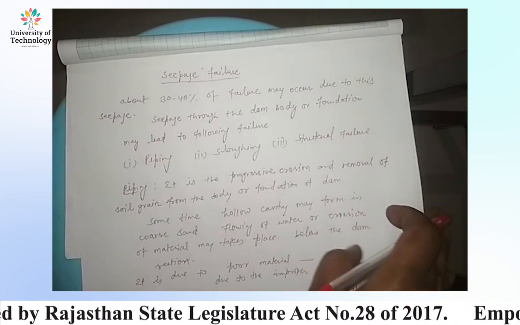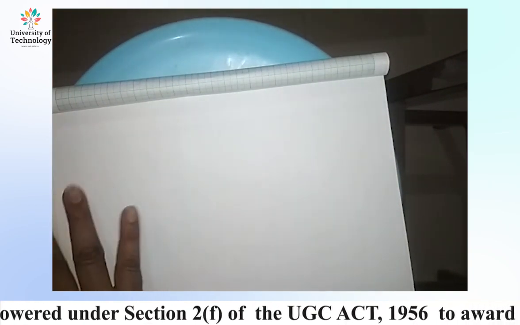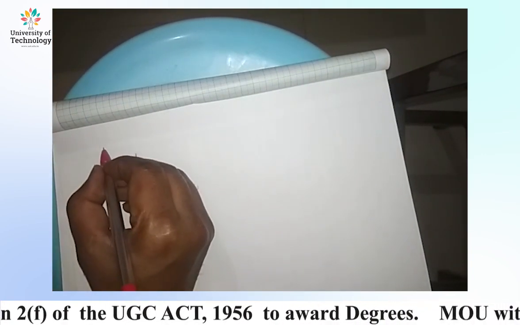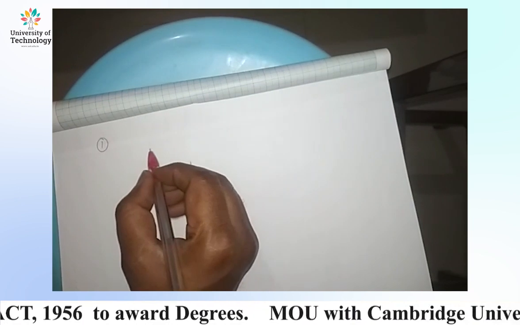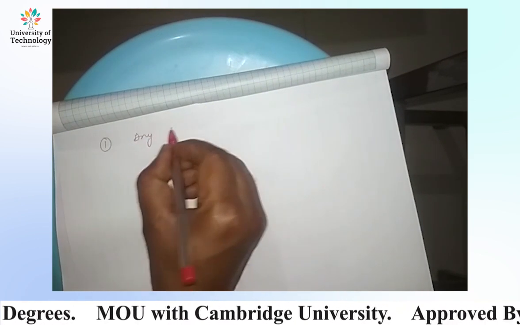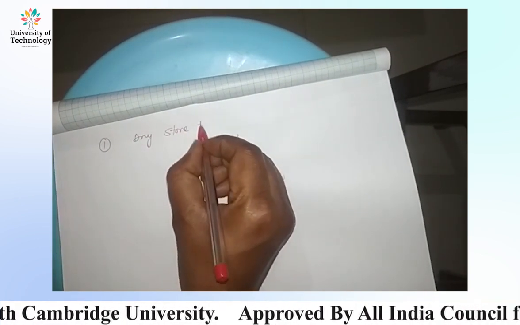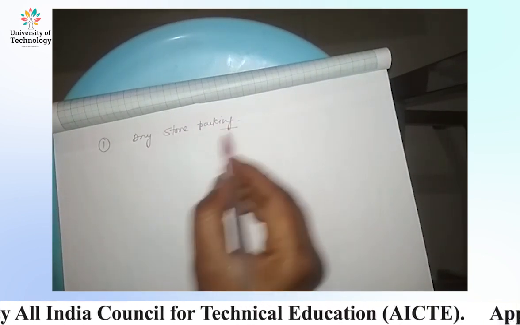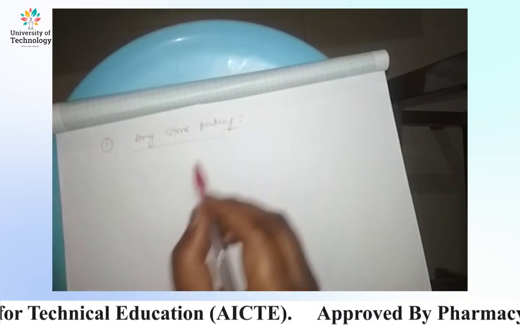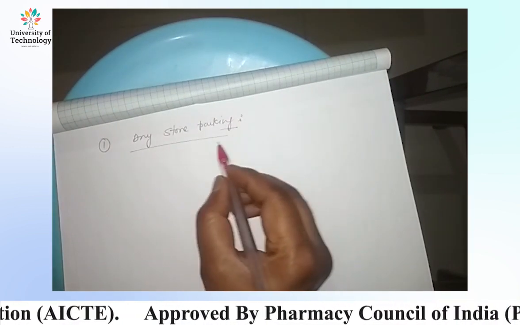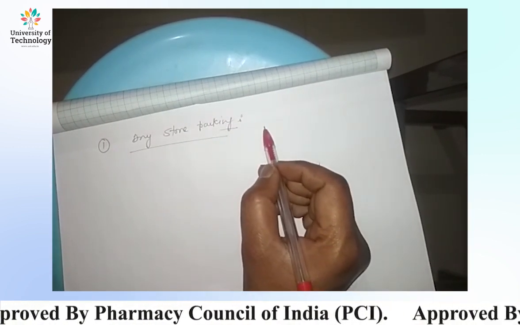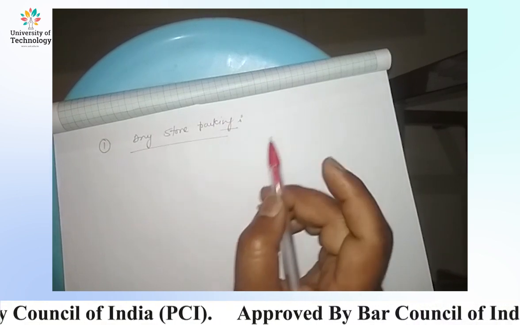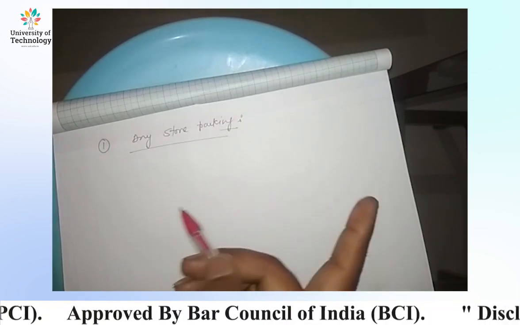So precautions should be taken to prevent this major failure of piping. What precautions should we take into account? Number one is dry stone packing. The upstream face should be provided with well dry stone packing to prevent piping.